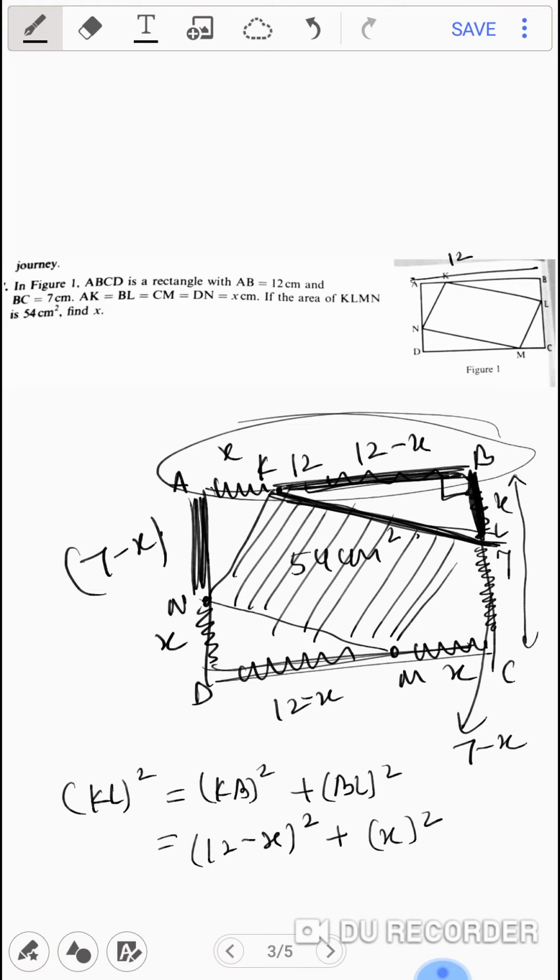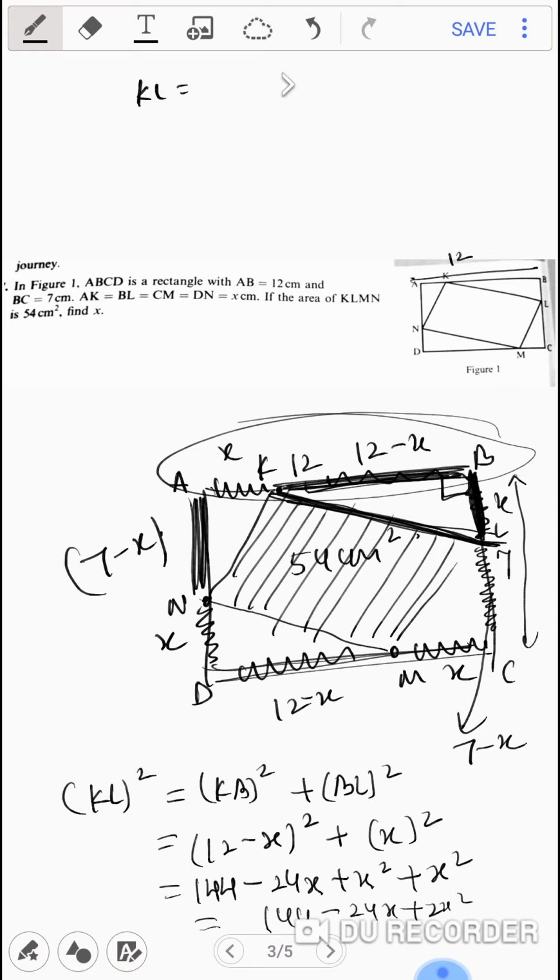Once I open this, I'll get 12 square, that is 144, minus 2 into 12, that is 24 into x, plus x square plus x square. That will be 144 minus 24x plus 2x square. That will be the value of KL square.